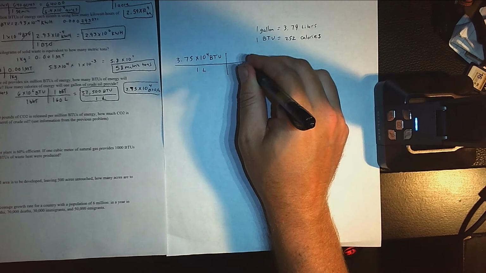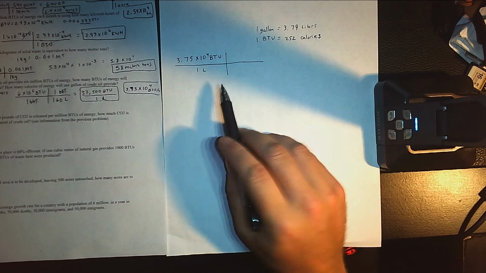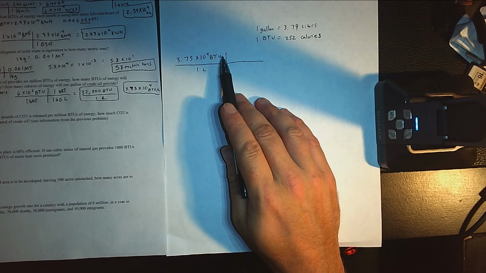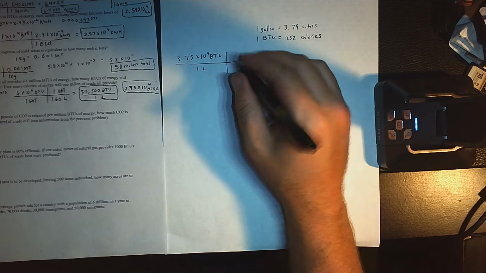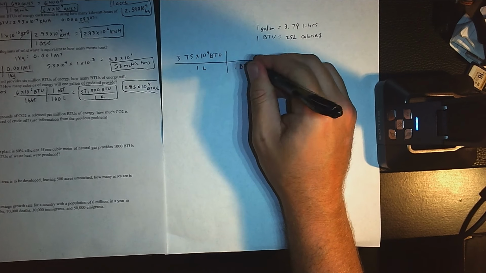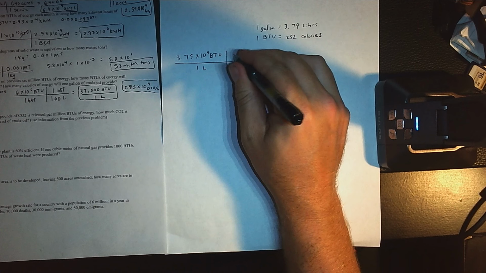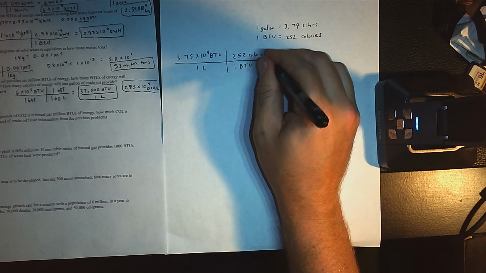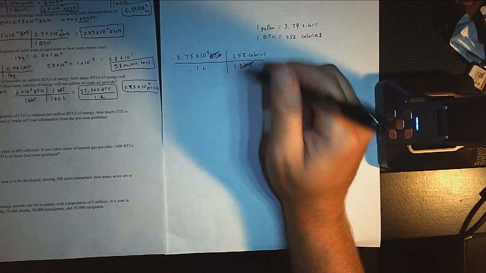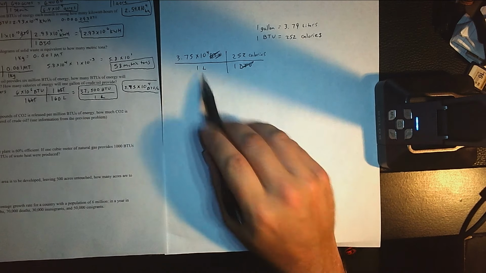So we're going to convert both of these. This is going to be a 2-step problem. Let's work with BTUs first. British thermal units, we need to get rid of that, which means we need a number down here. We know that 1 British thermal unit is the same thing as 252 calories. BTUs cancels out, and now I'm left with calories. We also have to get rid of liters.